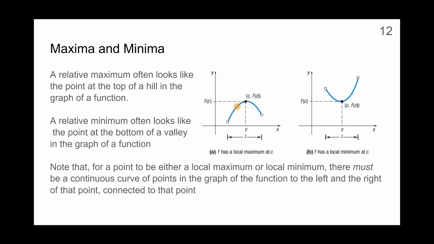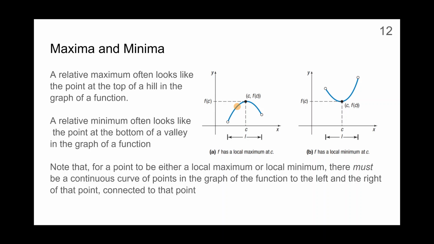I think that's an easier way of understanding intuitively what a local maximum or a local minimum is. And it doesn't need to be the biggest possible hill. It could be a small hill that you see in the function, and maybe other points are larger or smaller than that point.